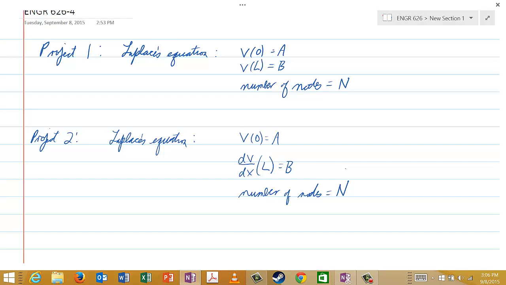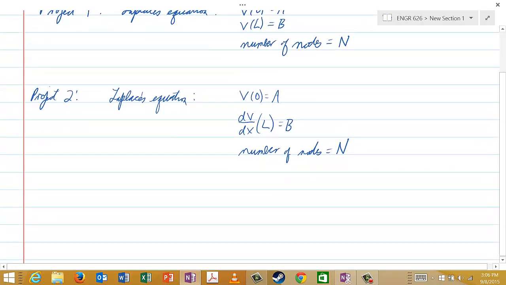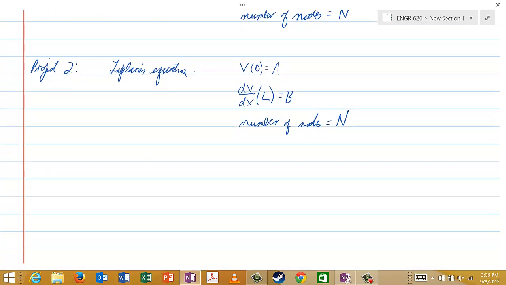Now the question arises as to how you should implement that Neumann boundary condition on the right boundary. And I want you to do it in 2 different ways.